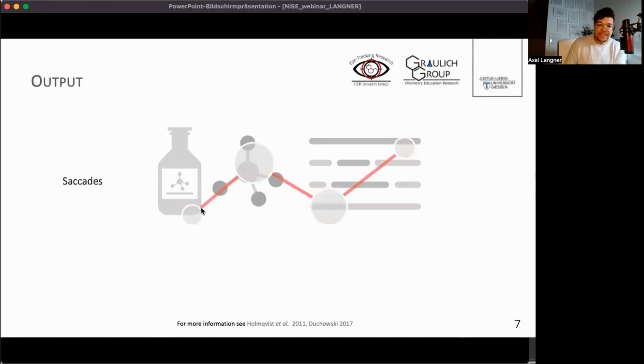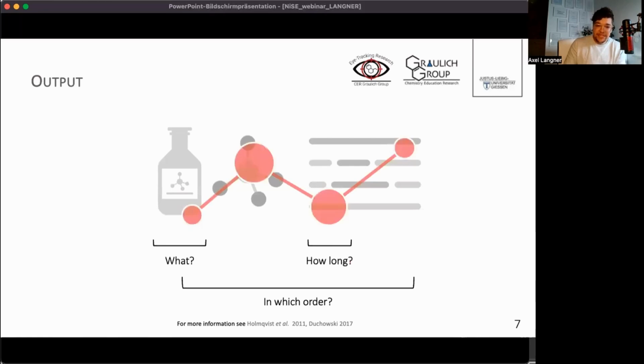And then we have saccades, which are the lines between those fixations, and they indicate in which direction a person is looking. And with this information, we can get what a person is looking at, how long they look at it, and it gets bigger, the bubbles are getting bigger, and also in which order.